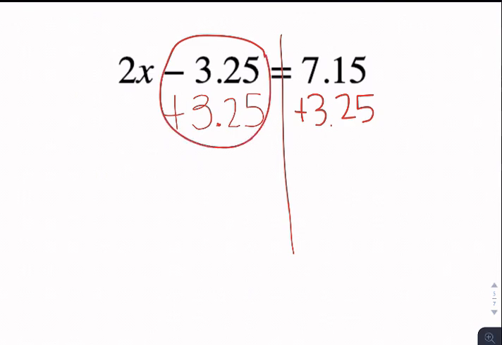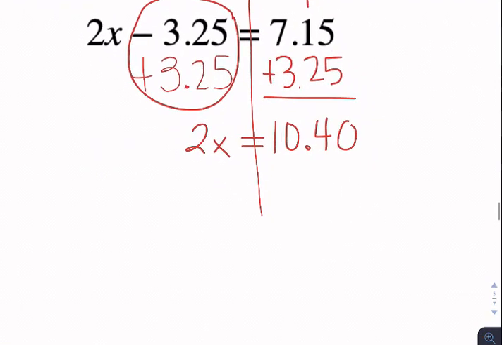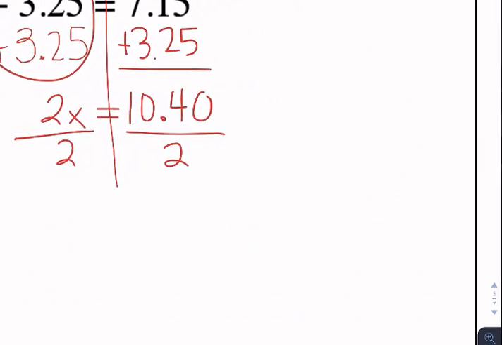This makes a 0 pair. I'm left with 2x equals, and then I have 5 and 5 is 10, so 0, carry the 1, 2, 3, 4, decimals straight down, and 10. Okay, now I'm going to divide both sides by 2. I'm going to remind you what it looks like to divide with decimals.